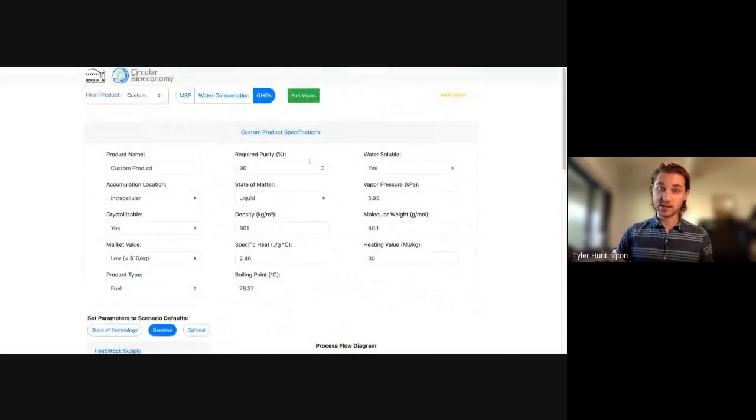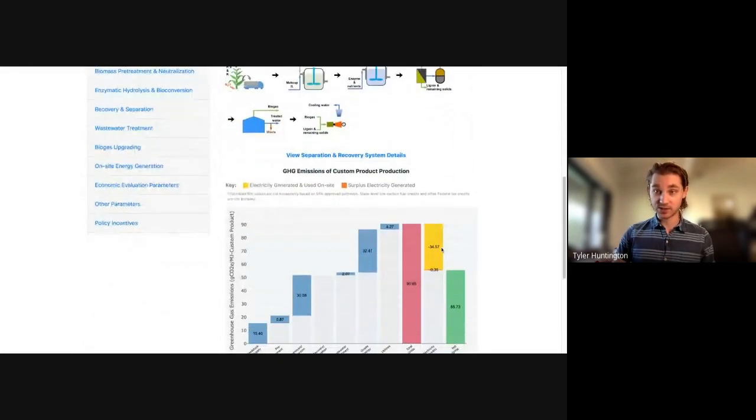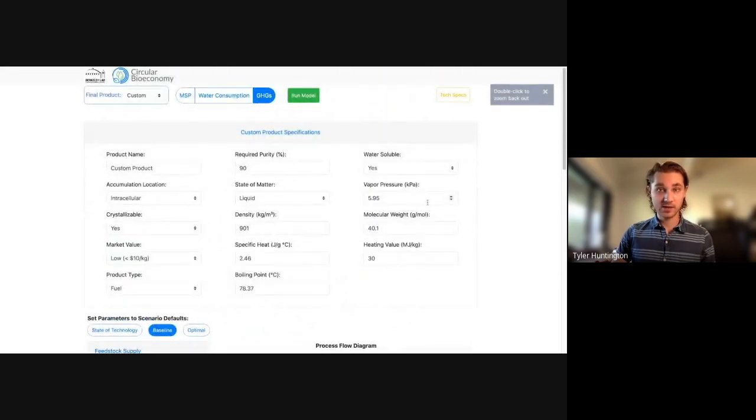It's not necessarily going to be as accurate or granular, because we know a lot more about these well-established pathways, but it's a good starting point for some back-of-the-envelope calculations on what a TEA or LCA might look like. And then I think that's a pretty good summary of this tool.